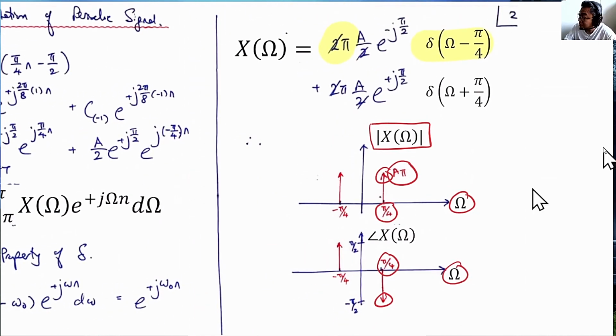Similarly, for the negative frequency, omega is now minus pi over 4. The amplitude is A over 2 times 2 pi, which is A pi as well. And the phase is plus pi over 2 at the frequency minus pi over 4.